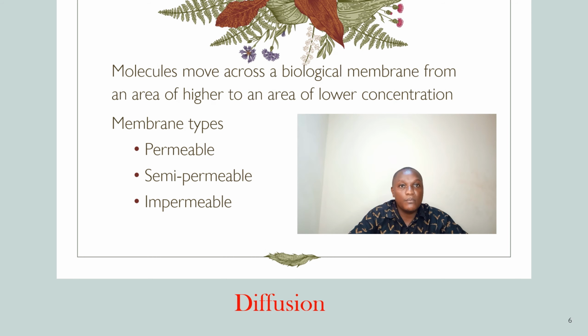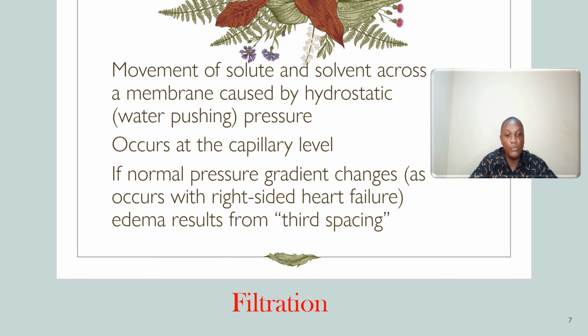In diffusion, molecules move across a biological membrane from an area of higher to an area of lower concentration. In filtration, there is movement of solute and solvent across a membrane caused by hydrostatic or water pushing pressure.